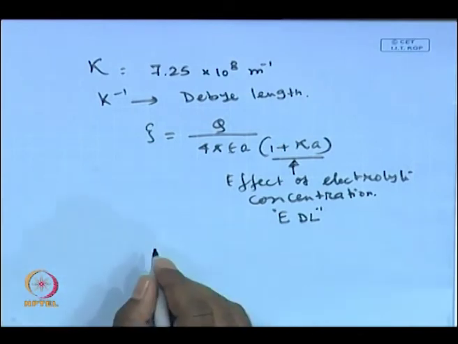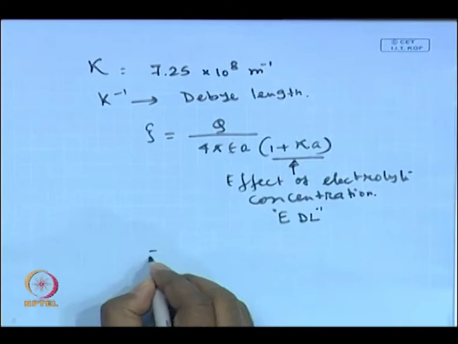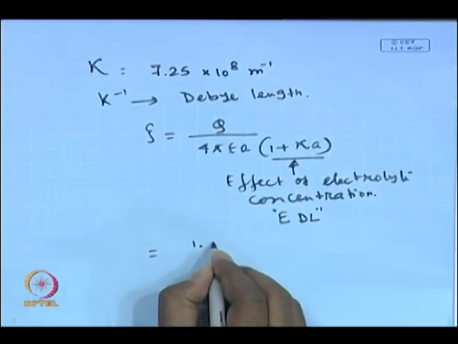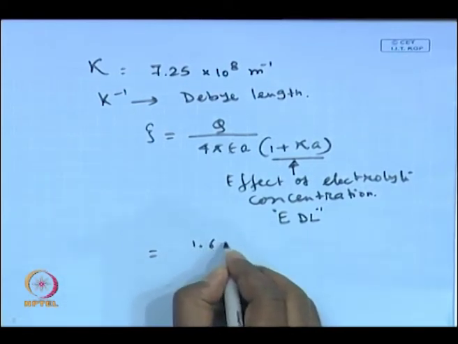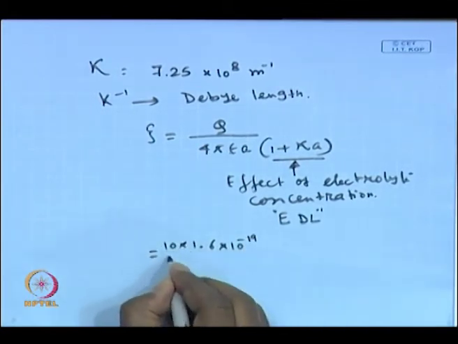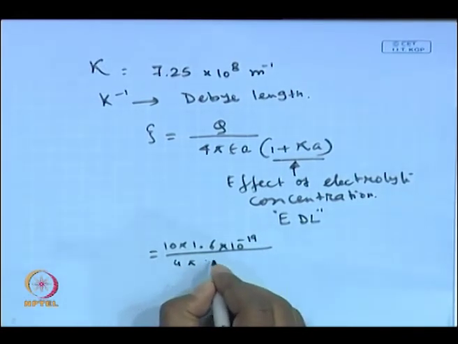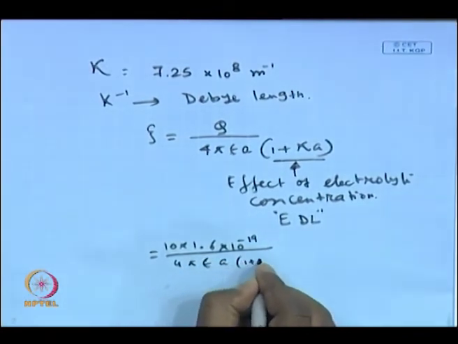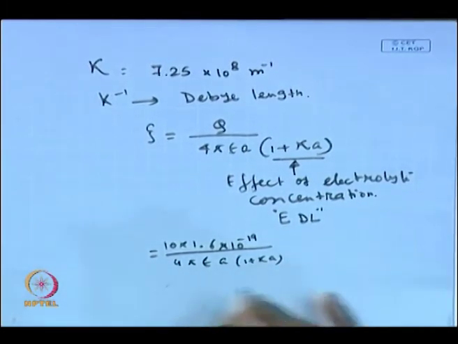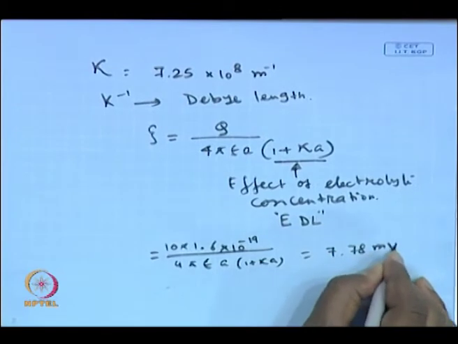If you use this formula, we have already found kappa, and if you put in the values, this becomes 1.6 into 10 to the power minus 19 times 10 E, divided by 4 pi epsilon a into 1 plus kappa a. I am not putting in all the values, it turns out to be 7.78 millivolt.